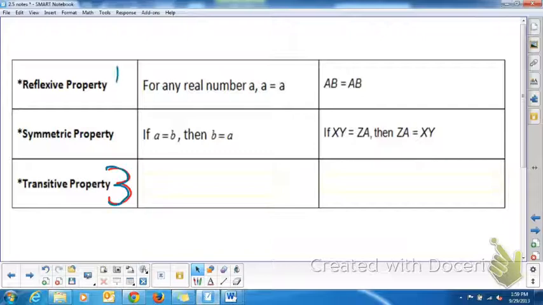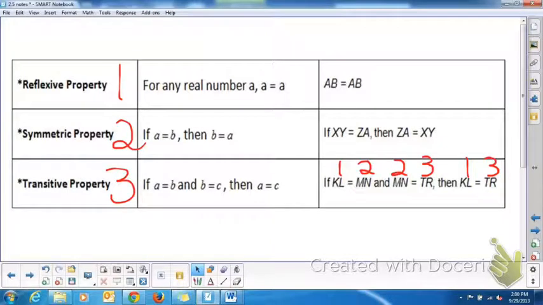So reflexive was 1 thing to itself. Symmetric was 2 things, forward and backwards. Transitive is 3 different things. If A is equal to B and B is equal to C, then A is equal to C. If KL is equal to MN and MN is equal to TR, then KL is equal to TR.